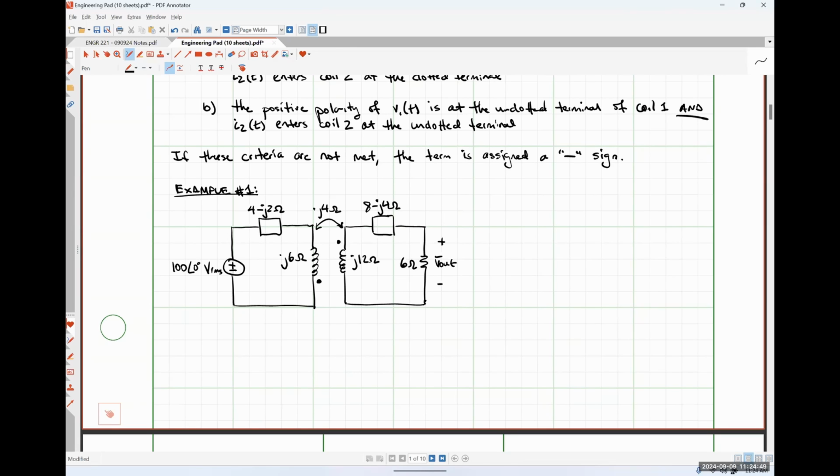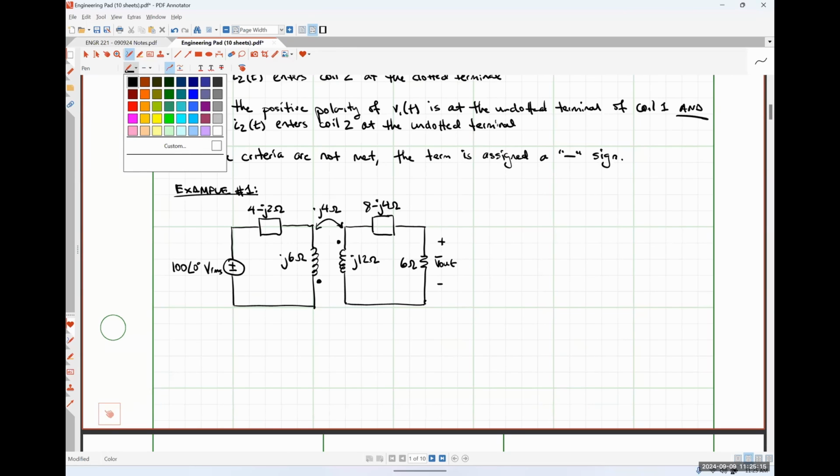So at present, we have not defined the voltage drop across our coils or any of the currents flowing into or out of our coils. So I'm going to define some things here.